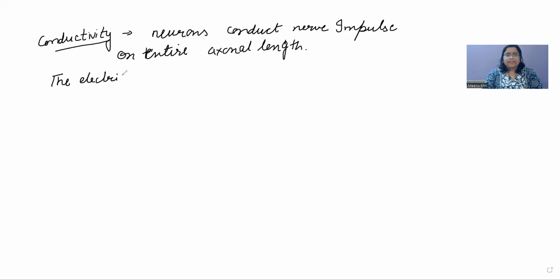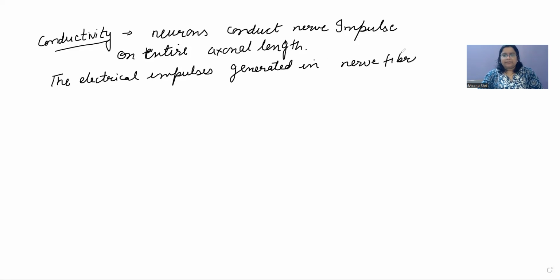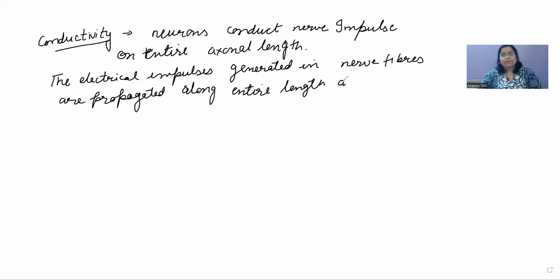The electrical impulses generated in nerve fiber are propagated along the entire length and to the other neuron, muscle, and glands via synaptic connections.